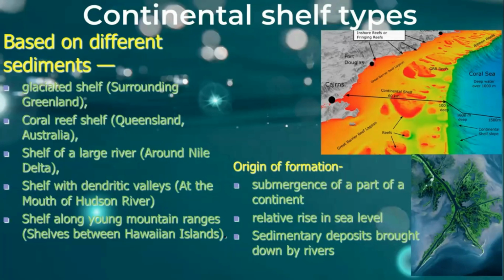Now, continental shelf types. When we talk about the types of continental shelves, they can be divided into two types based on the different sediments, based upon the origin of their formation. If this is an example of a continental shelf, and this area is a glaciated shelf, what do we mean by glaciated shelf?